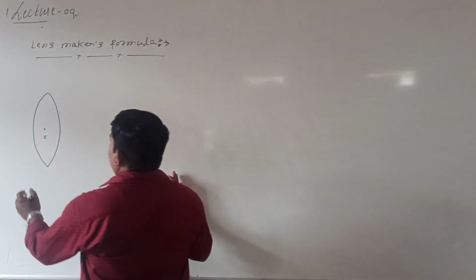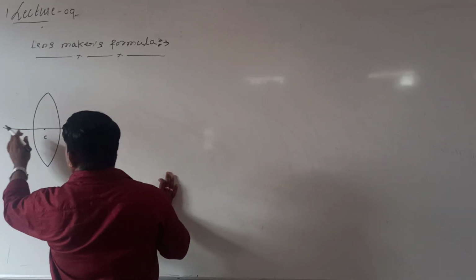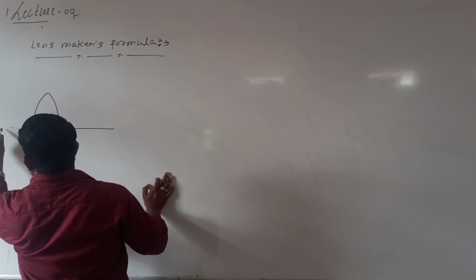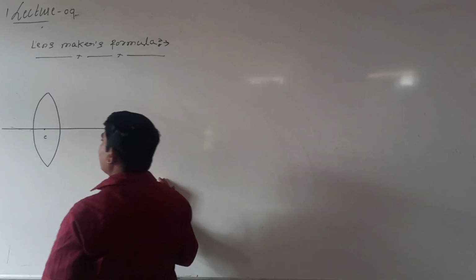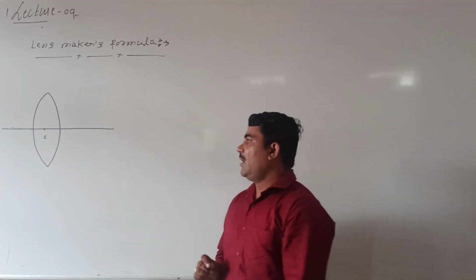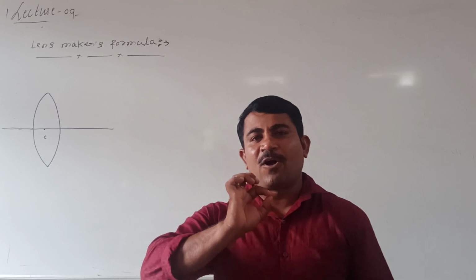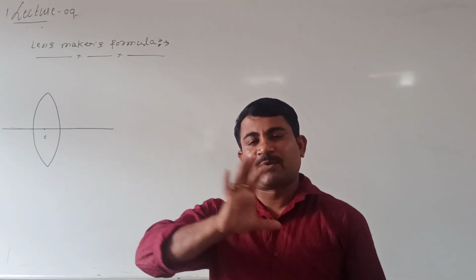The imaginary line which passes through the optical center we call the principal axis. Now consider the object situated on the principal axis. What is the assumption here?